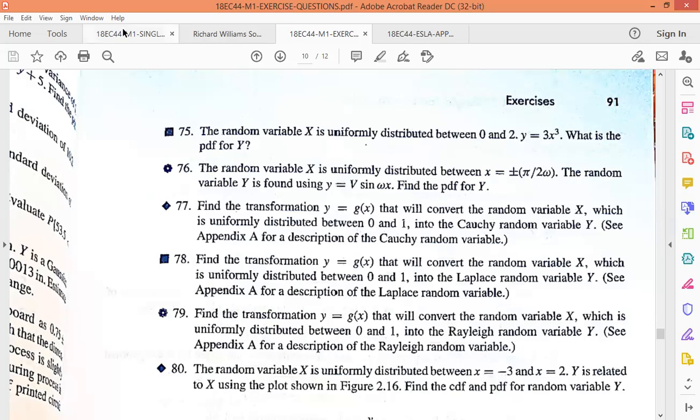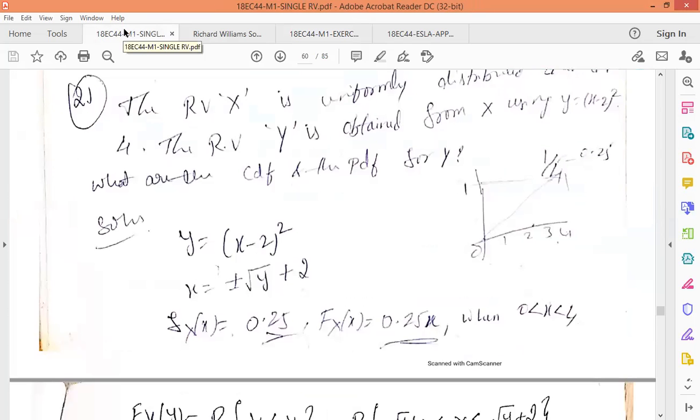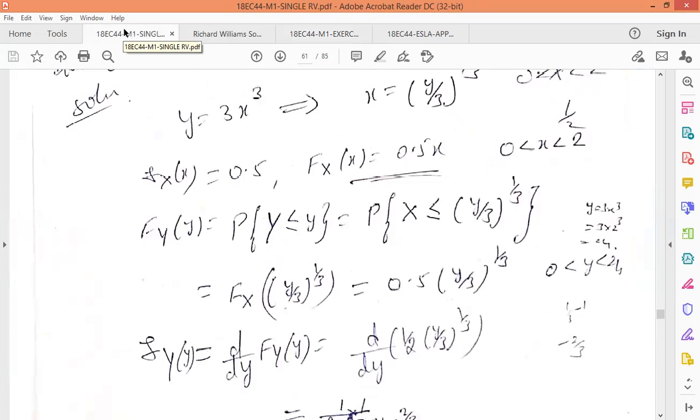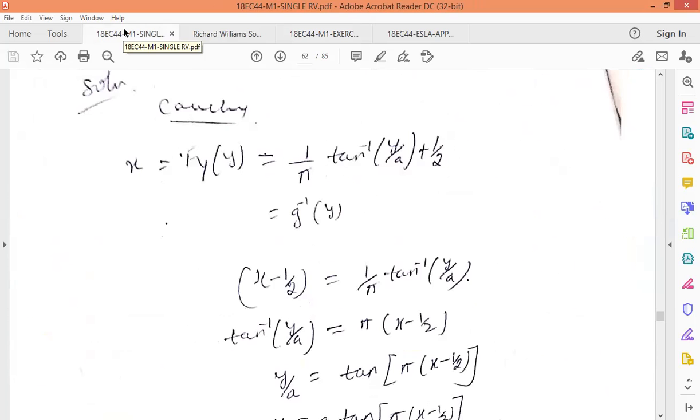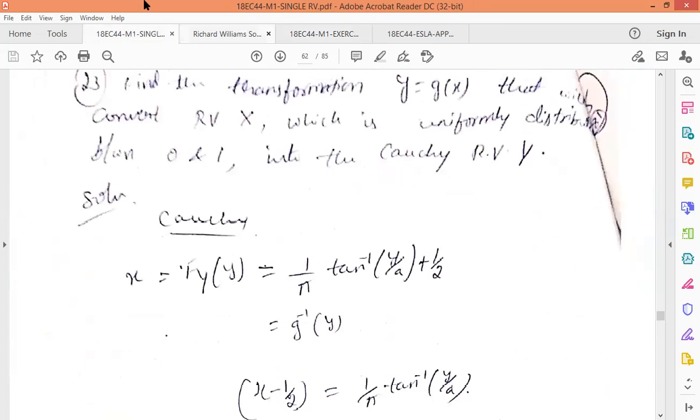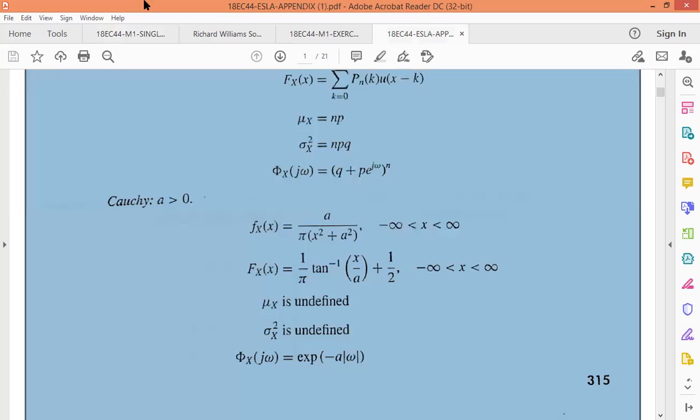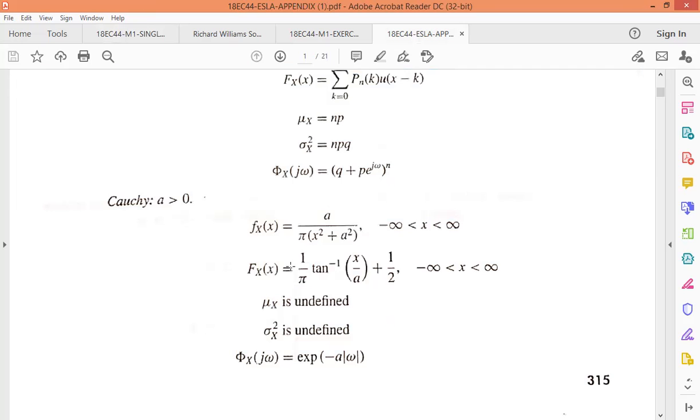For that, let us go back to this PDF. From the appendix, you can note the CDF that is available for the Cauchy random variable. The CDF for the Cauchy random variable is given as Fx of x is equal to 1 by pi tan inverse of x by a plus 1 by 2, for the independent variable value x between minus infinity to plus infinity.